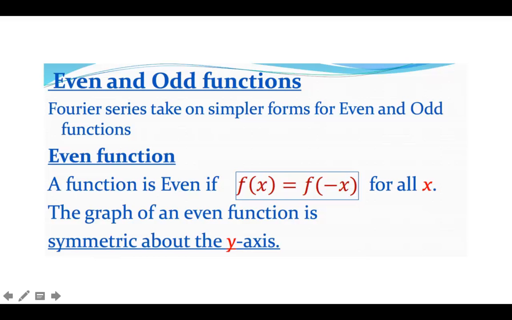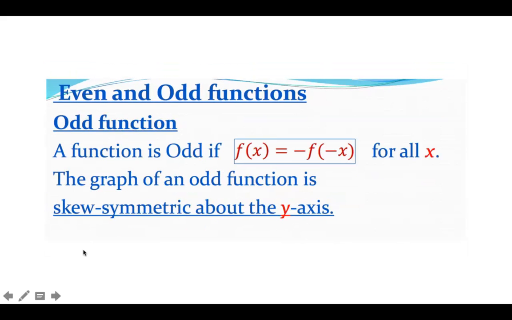So the definition of an even function is if the function f of x is equal to the function f of minus x for all x. And so the graph of an even function is basically symmetric about the y-axis. A function is odd if f of x is equal to minus f of minus x.